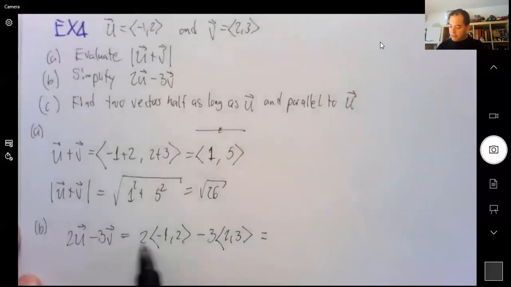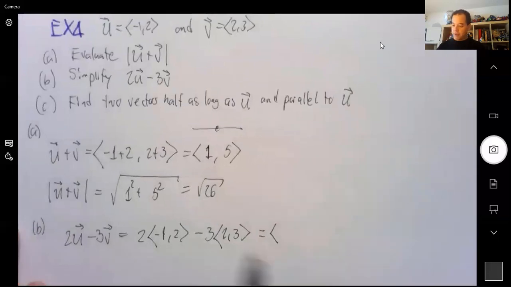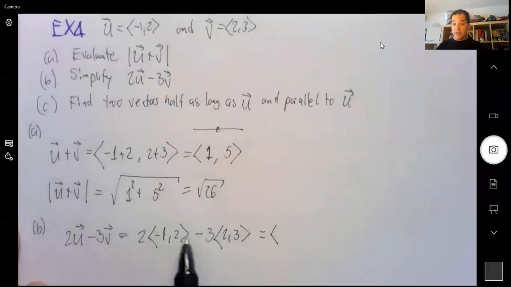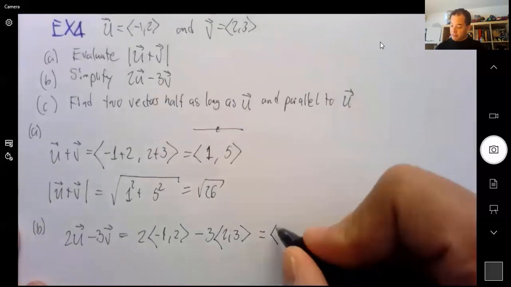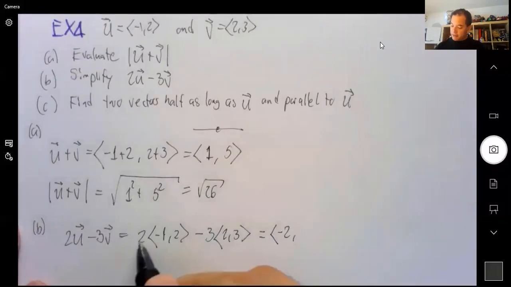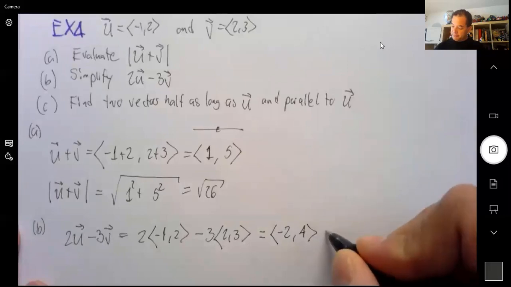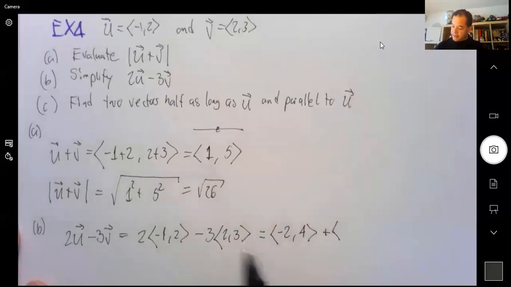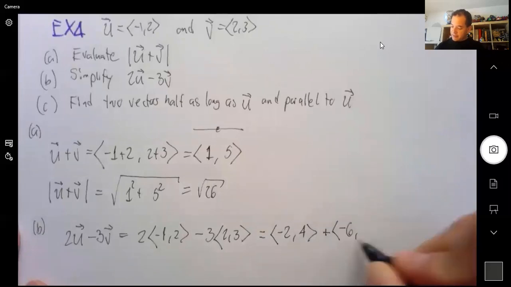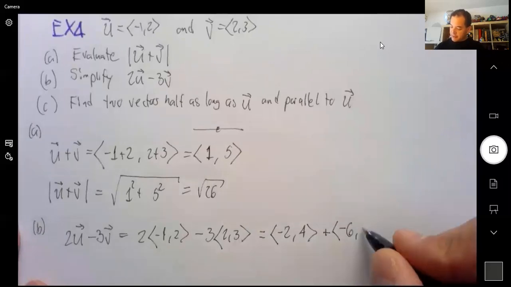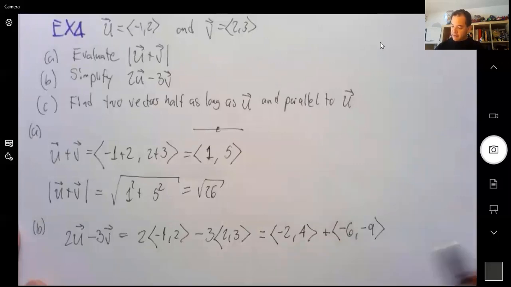So we multiply 2 times that. You remember, that's how scalar multiplication works. You just take the number and multiply by each one of the components. So the first one will be -2, and then 2 times 2, that will be 4. And then here, -3 times 2, that's -6. And -3 times 3, that's -9. And then add these two, right?